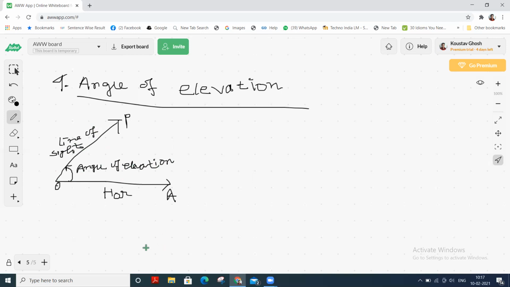Suppose a man from a point O looks up at an object P placed above the level of his eye.